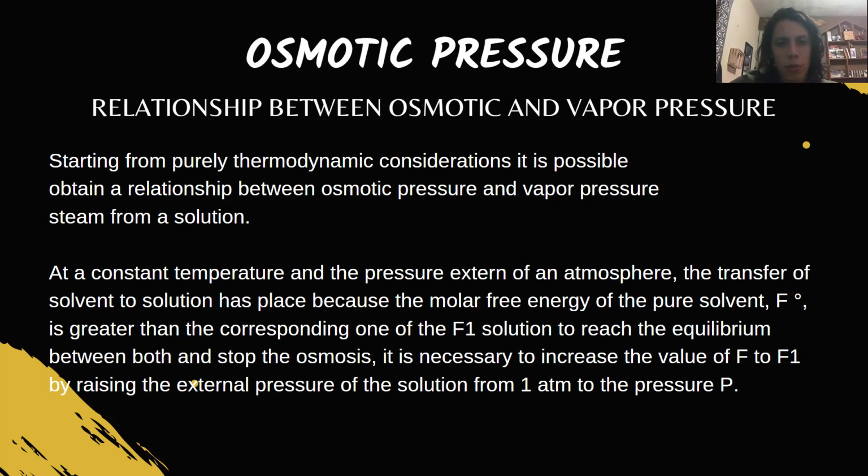At a constant temperature, where the external pressure is atmospheric, the transfer of the solvent to the solution takes place because the molar free energy F0 of the pure solvent is greater than the corresponding F1 of the solution.